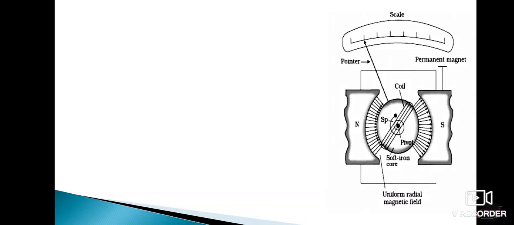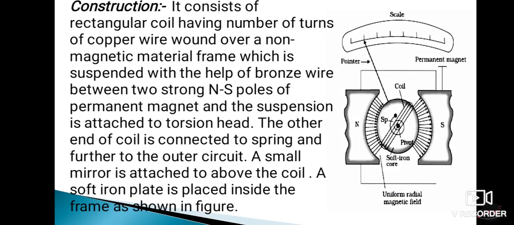Then what is the construction of this galvanometer? It consists of one rectangular coil having a number of turns of copper wire. They are wound over a non-magnetic material frame which is suspended with the help of a bronze wire between the north as well as south strong poles of a permanent magnet, and the suspension is attached to the torsional head.